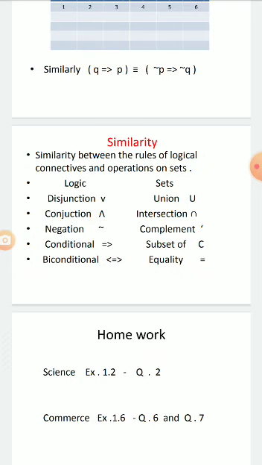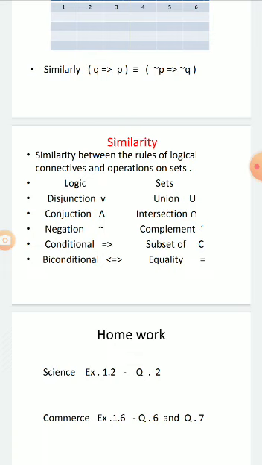All the rules on sets which you studied last year, operations on sets, included different rules like De Morgan's laws, the associative law, the commutative law. Like that we have different rules in logic this year, and all these rules in logic can be easily written with the help of the corresponding rule in sets.